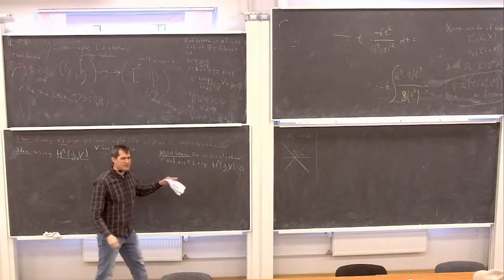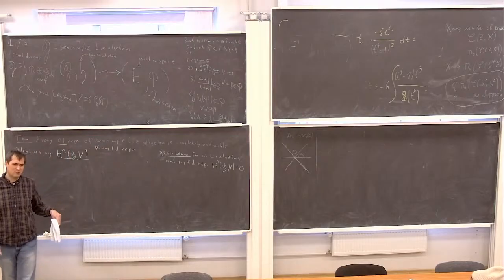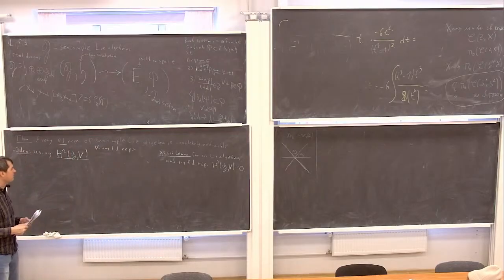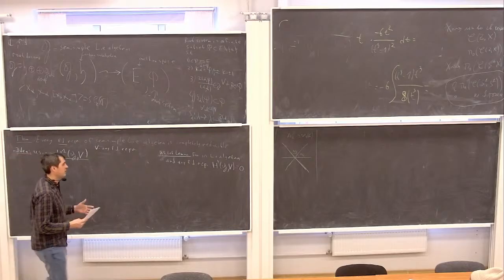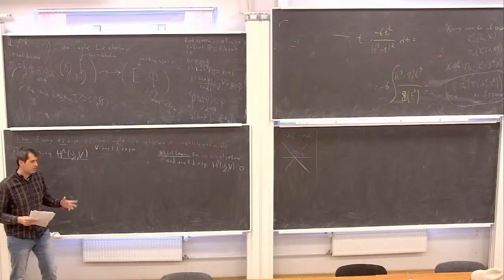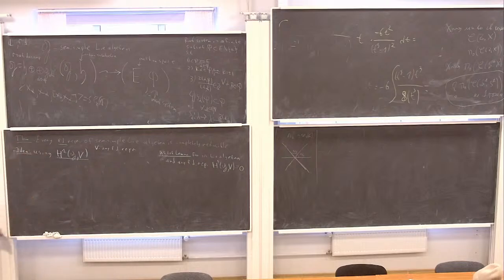In fact, it's the same as Ext, so it's parallel to proving what we need: that any extension of representations splits. It's the same as proving that Ext of V, W is 0 for any pair of representations, and it follows from this. We use this, but we need to define what this is.